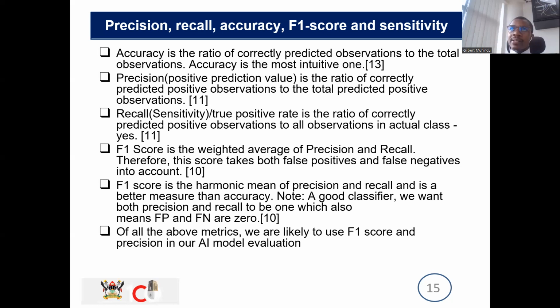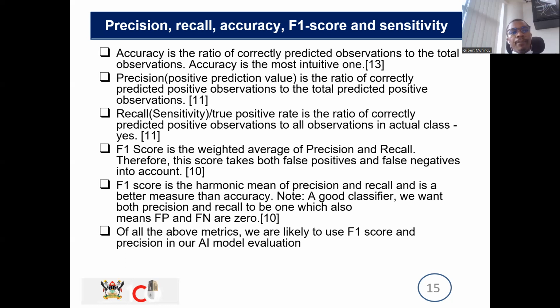In mathematical terms, it's the true positive plus the true negative out of a summation of everything: true positive, true negative, false negative, and false positive.